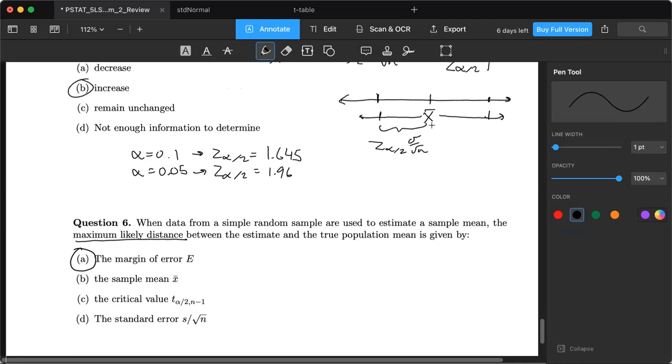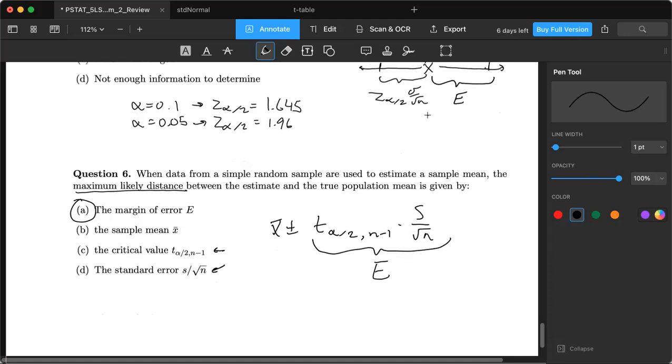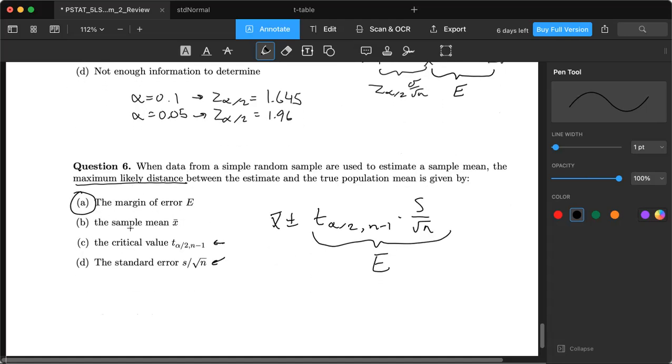It's this maximum likely distance, which is denoted E. So that's the multiplication of these two together, for the confidence interval X bar plus or minus t sub alpha over 2, comma n minus 1, times S over square root n. So the multiplication of these two is E, which is that whole distance here of the interval. So the answer here is A.